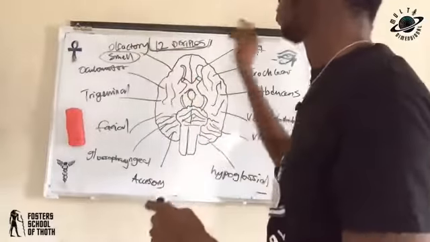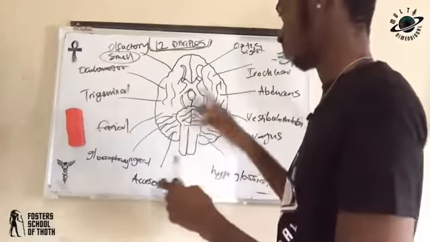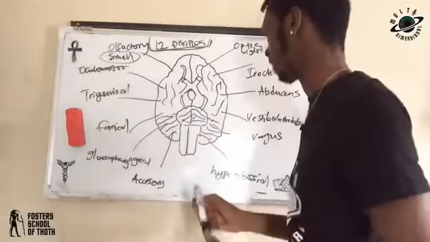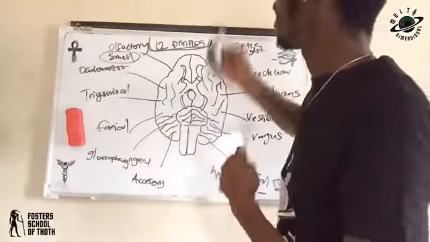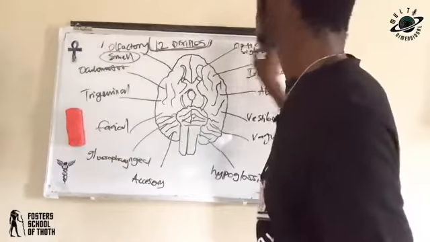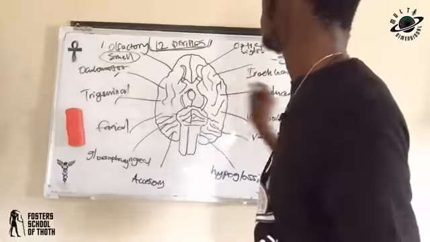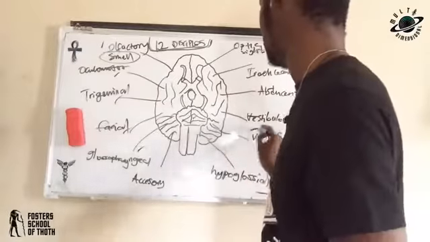Like I said, the olfactory, the optic, the oculomotor, all these guys. And when every one of them is unlocked, 1, 2, 3, 4, 5, 6, 7, 8, 9, 10, 11, 12.